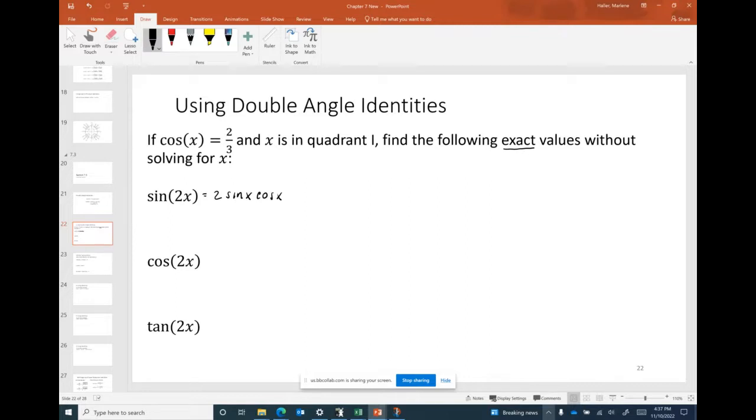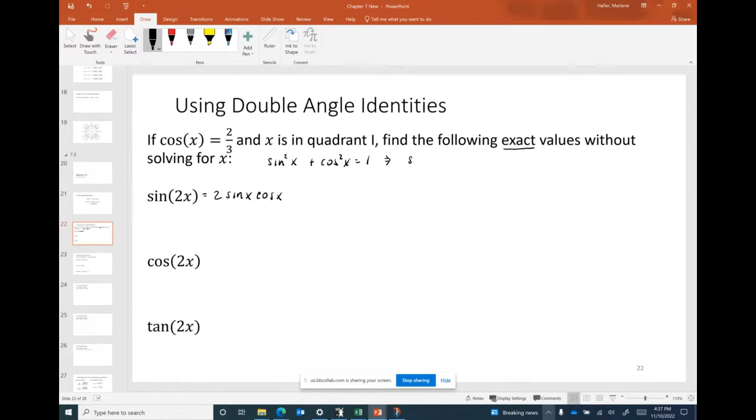Well, let's see. We know the cosine of x, but we don't know the sine of x. Is there a way that we can determine what the sine of x is? Well, recall the Pythagorean identity. The sine squared of x plus the cosine squared of x equals 1. We can use this Pythagorean identity to find the sine of x, since we know the cosine of x.